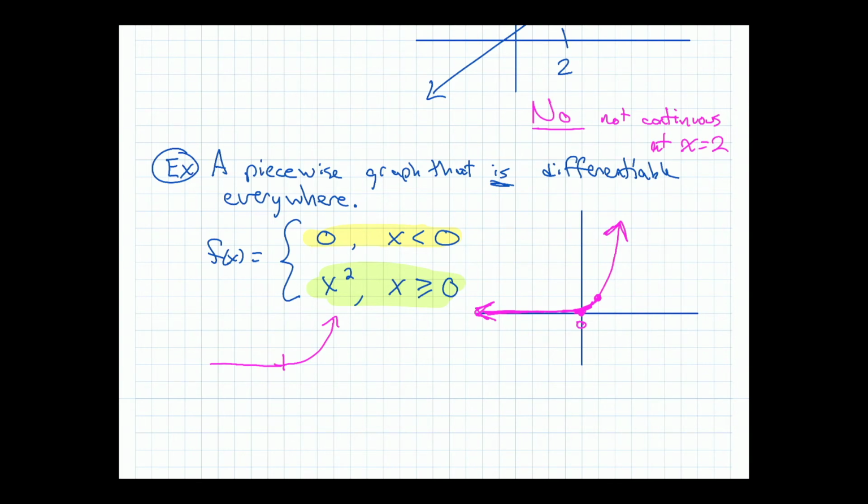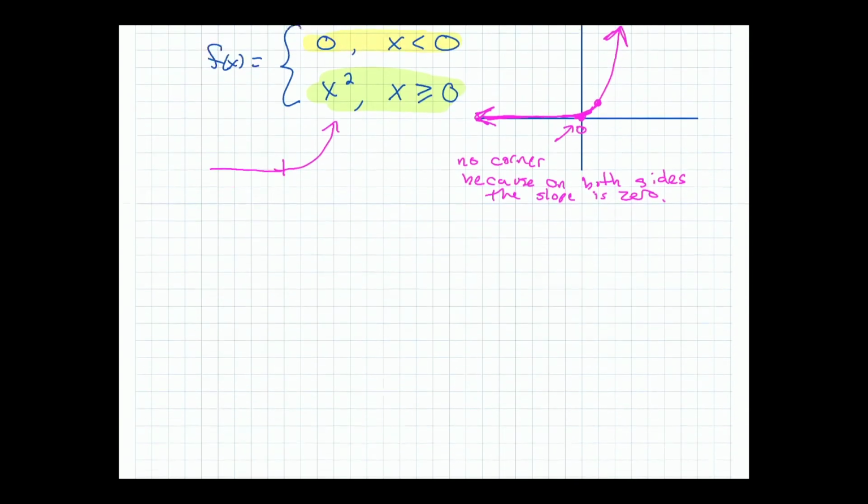There's no corner right there, even though it's a piecewise defined function, because on both sides, the slope is 0. There's no hole in the graph to make it not continuous. And it happens that the graph on the left and the graph on the right match up in terms of the slope. So it's differentiable. There's a tangent line right there. It's perfectly fine.